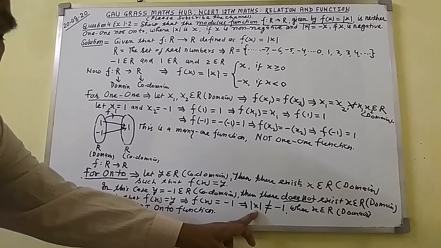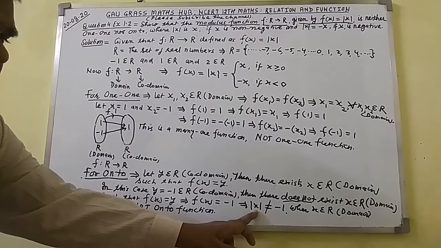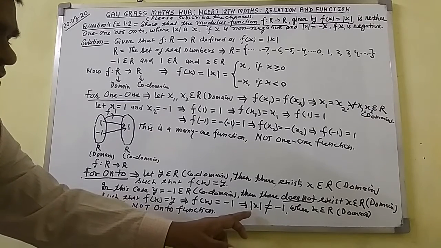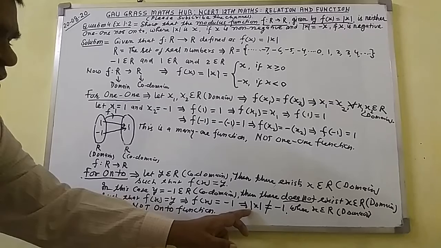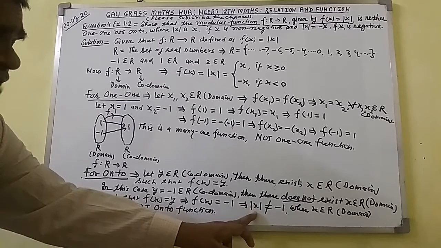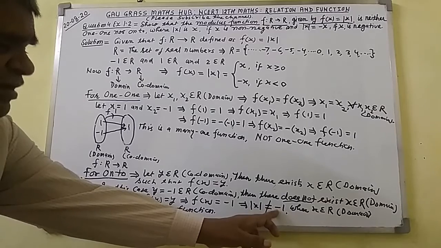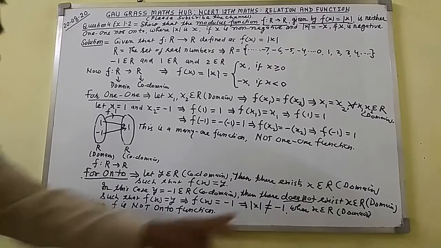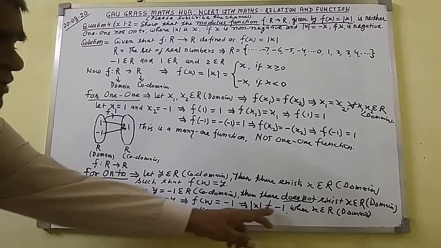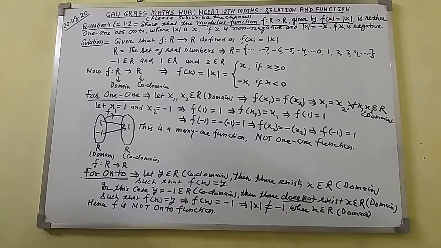If the value of x is negative, then mod of negative value of x comes out to positive, whereas it says minus 1. That's why mod x is not equal to minus 1. Hence f is not onto function.